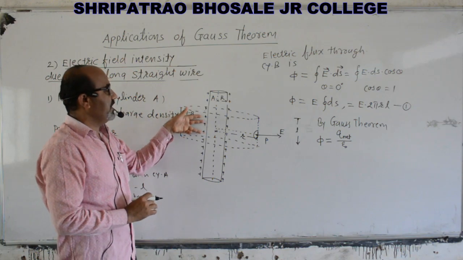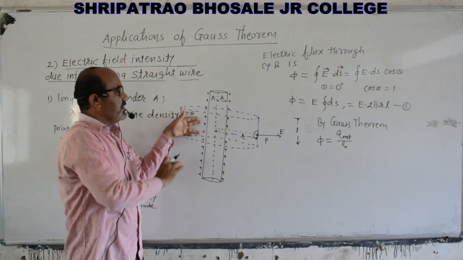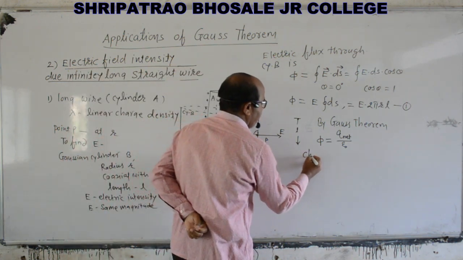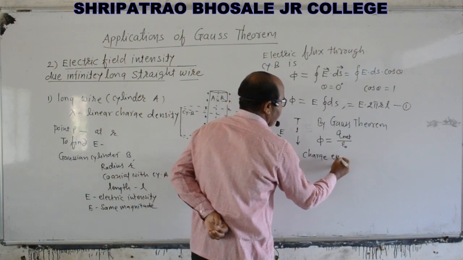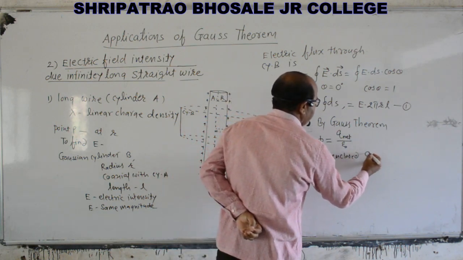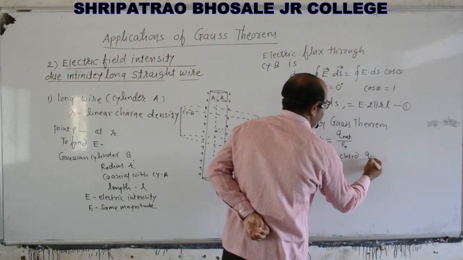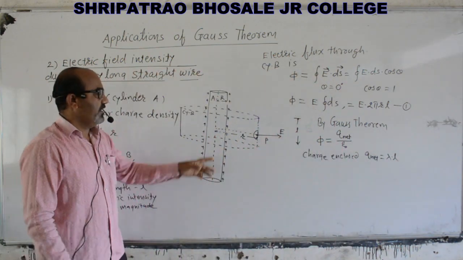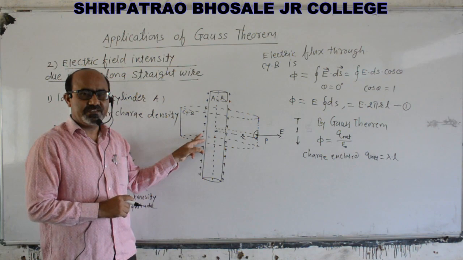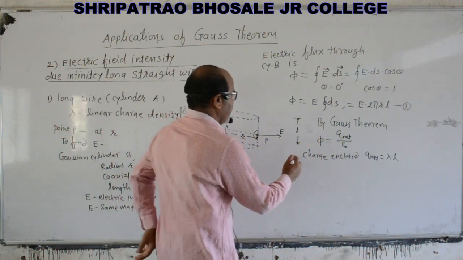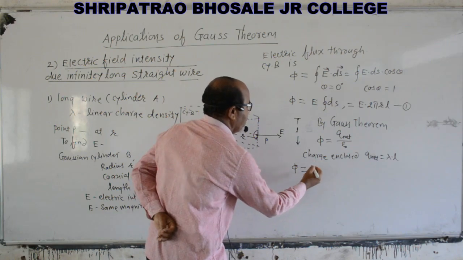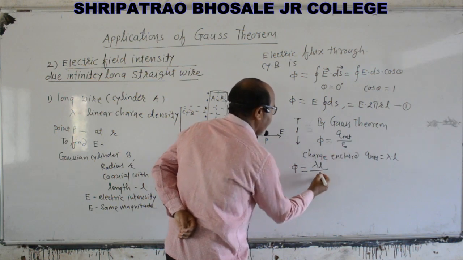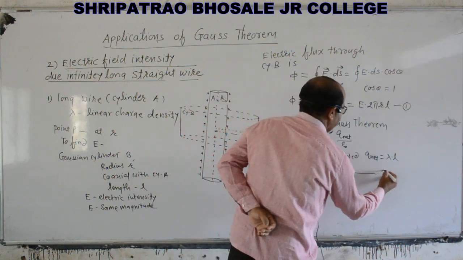As lambda is linear charge density, the total charge enclosed by this cylinder B is Q net equal to lambda into L, where L is the length of the cylinder and lambda is the linear charge density. Therefore, phi is equal to lambda into L divided by epsilon 0. This is equation second.